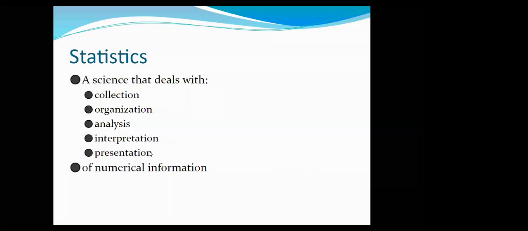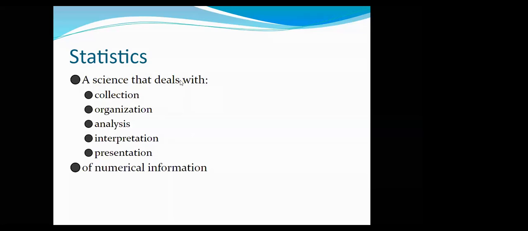Who should listen to that? Who should see that information? You can present that data in different ways. I think there's a lesson on data presentation. You can use frequency tables, charts, and so on to present that information.